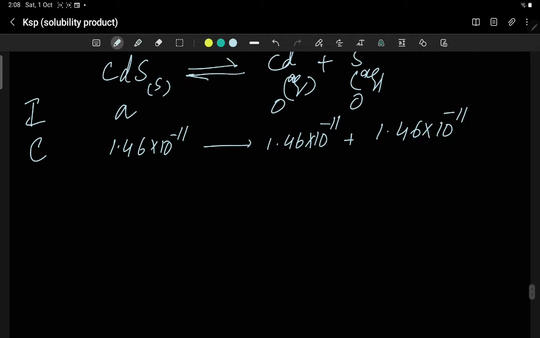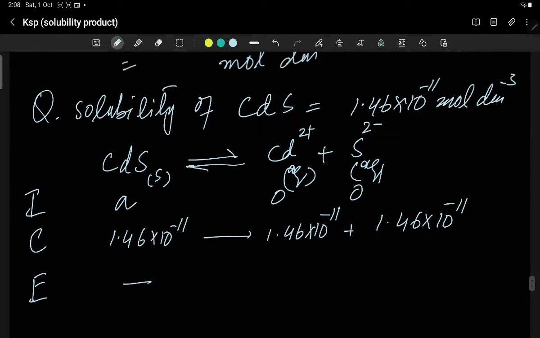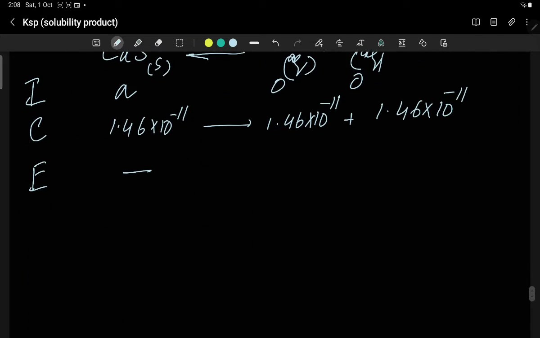At equilibrium, solid is always ignored in concentration, equilibrium reaction, Kc, Kp, etc. This is 1.46 × 10^-11 equilibrium mole.